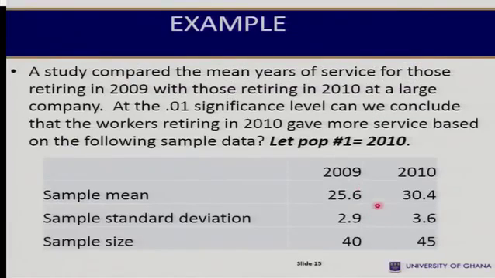Now we want to call the 2010 as the population 1. So we've given that. The sample means are 25.6 years and 30.4 years respectively. The sample standard deviations are 2.9 and 3.6, and the sample sizes are 40 and 45 respectively.